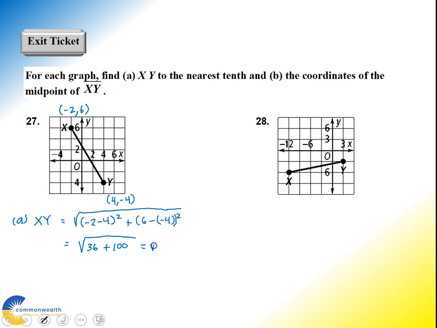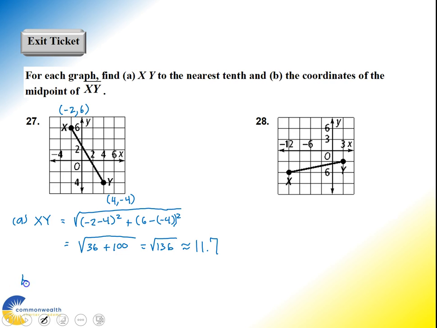So I'm going to end up with the square root of 136, which is approximately 11.7.